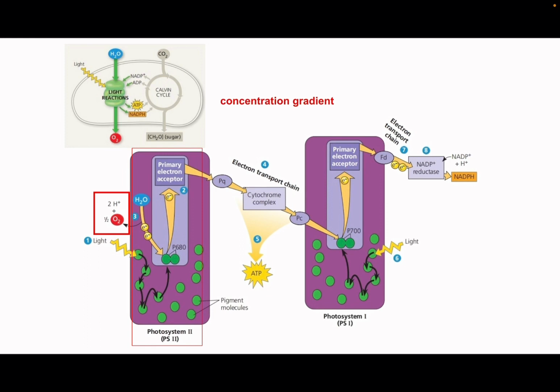The low-energy electrons leaving photosystem 2 are passed to photosystem 1. Within photosystem 1, low-energy electrons are re-energized and are passed through an electron transport chain where they are used to reduce the electron carrier NADP+ to NADPH.